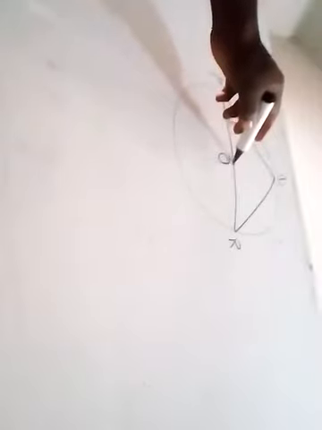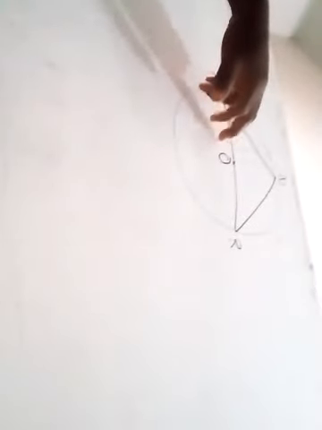110. Okay, so in this diagram, O is the center of the circle PQR, and PR is the diameter. We have been told that PR is the diameter.